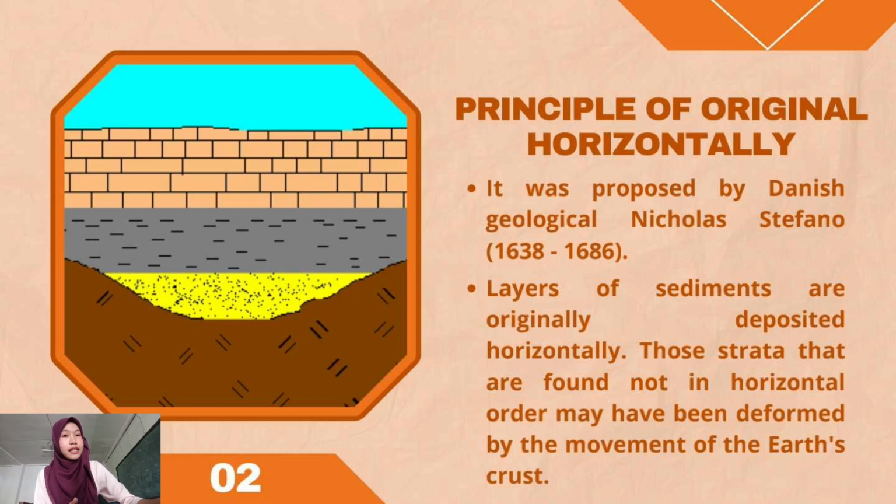Number 2 is the principle of original horizontality. It was proposed by the Danish geologist Nicolas Steno, 1638 to 1686. Layers of sediments are originally deposited horizontally. Those strata that are found not in horizontal order may have been deformed by the movement of the Earth's crust.